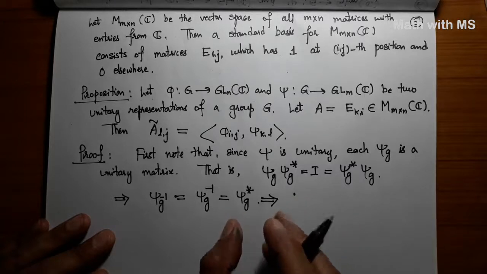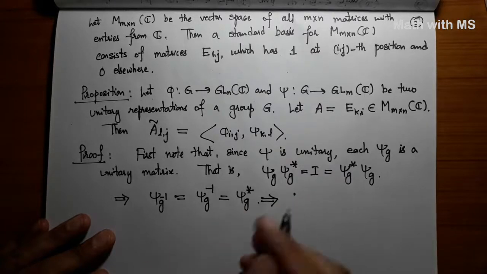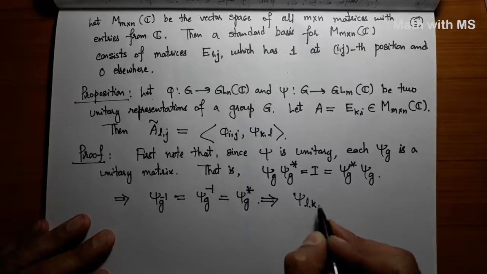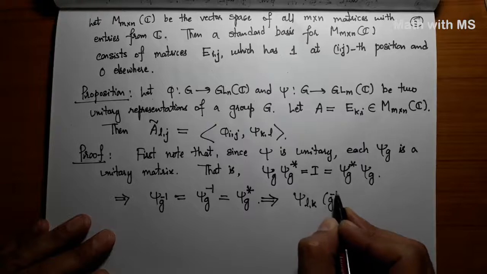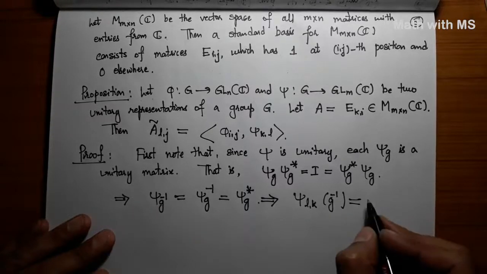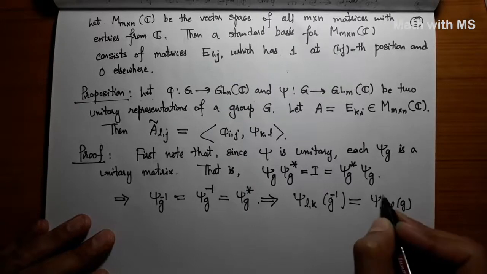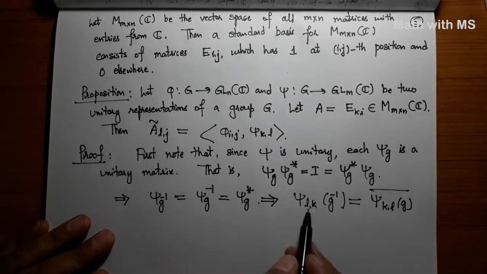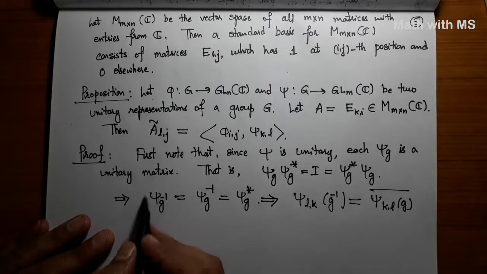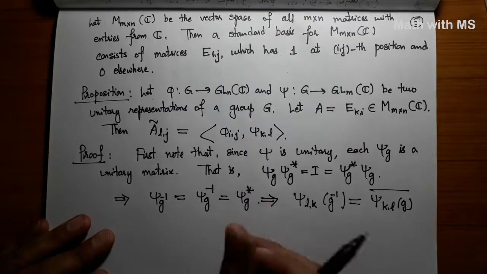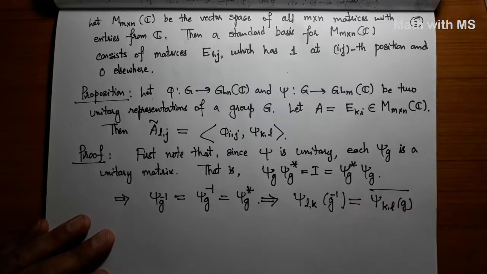What can you say about the coordinate functions of this matrix? So psi_lk of g inverse turns out to be psi_kl of g, conjugated, because the lkth entry of this is the same as the lkth entry of this, but it is transpose conjugate, so it becomes the kl entry of the conjugate. We are going to use this to prove the identity.